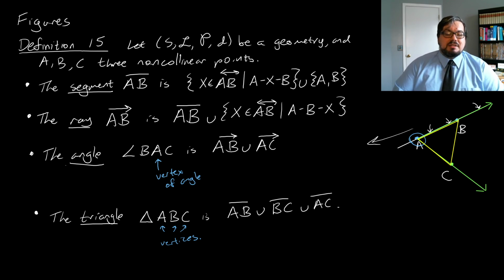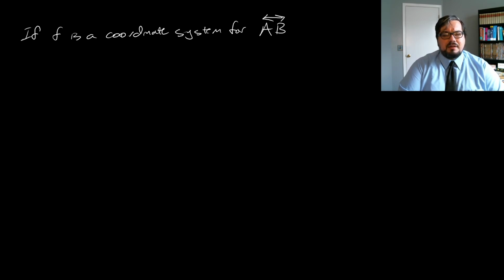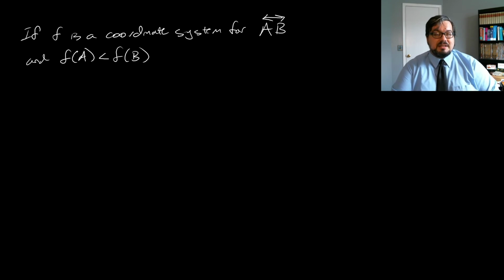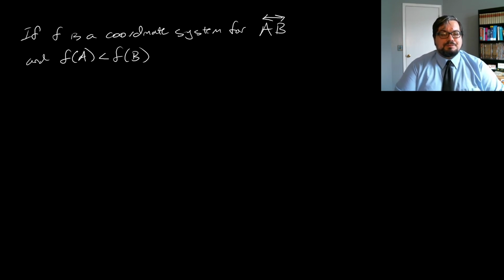One thing that's quite useful is that we can describe segments and rays in terms of coordinate systems. So if f is a coordinate system for the line AB, and let's say we have that f of A is less than f of B. We can always find a coordinate system that does this by the Ruler Placement Theorem.